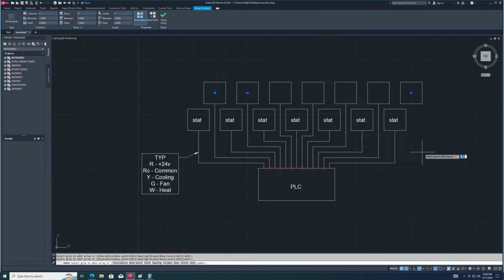Oh, do we miss one? Why are those red? I don't know. 1, 2. Oh yeah, we did miss a line. Whatever.